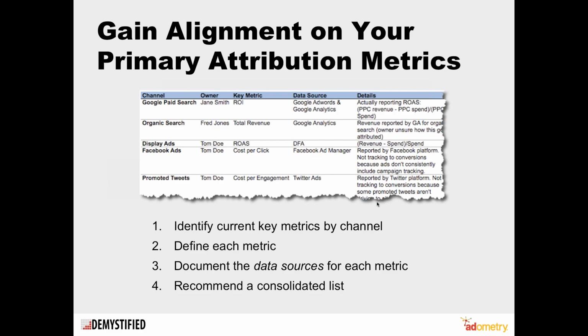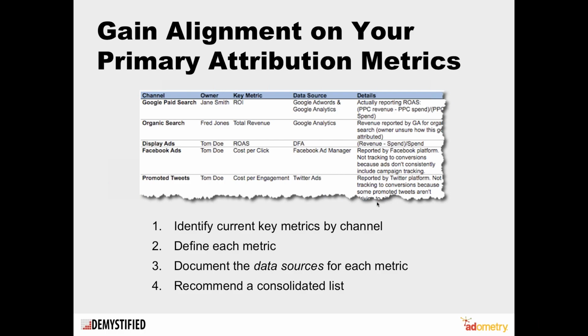And then you have to do kind of the hard part, looking at that list and saying, we can't have a different metric for every channel. So how do we then consolidate that list? And now shop that around, go back to the stakeholders. They need to understand that they'll have to change maybe what their success metric is.